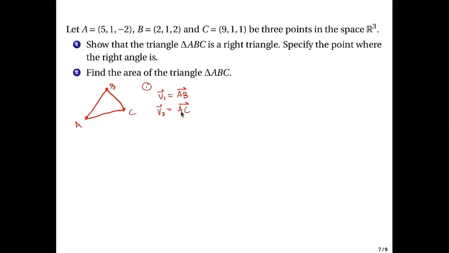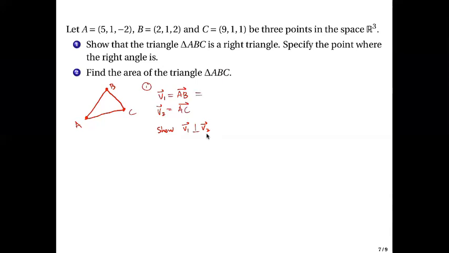So if you chose this pair, you need to show that V1 is perpendicular to V2. And in this pair, your choice may be a failure, in the sense that it is possible that with this pairing, V1 and V2 are not perpendicular.